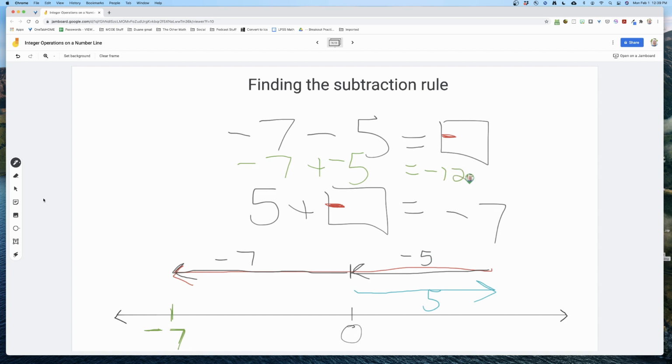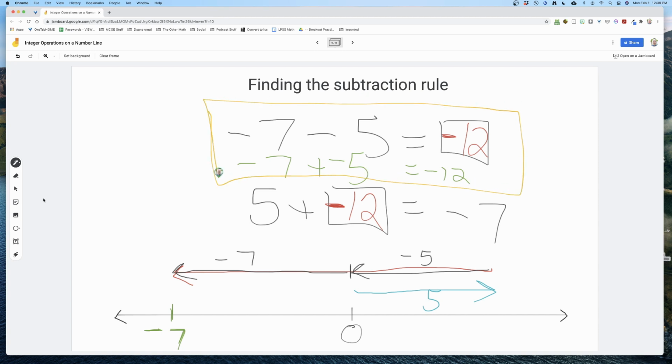So that tells us that the answer is -12. Oh, look at that. Parents and teachers, you might start to recognize, we're starting to discover the rule.